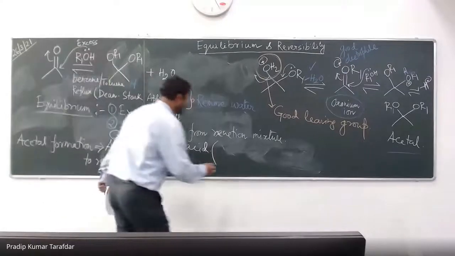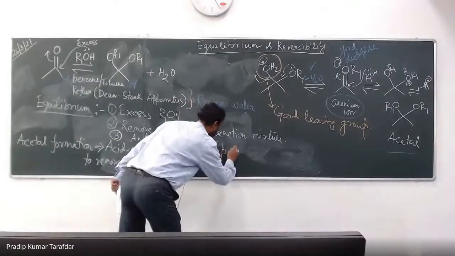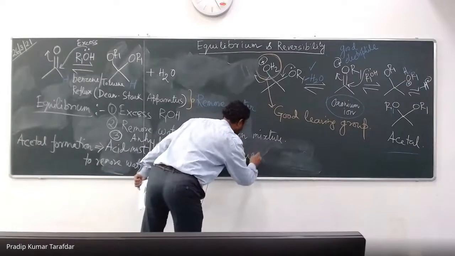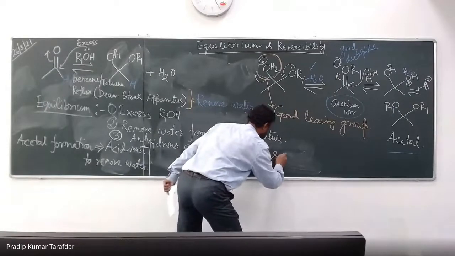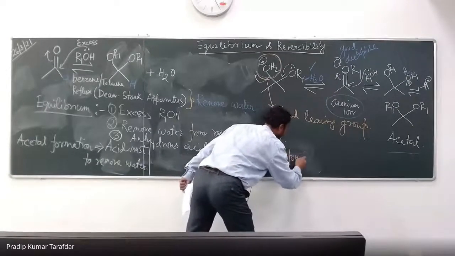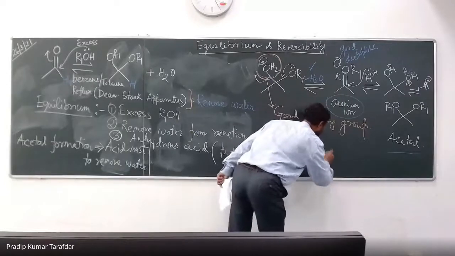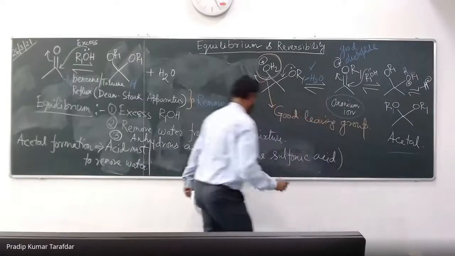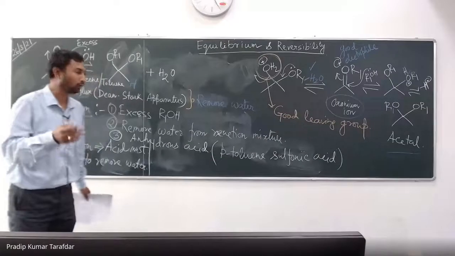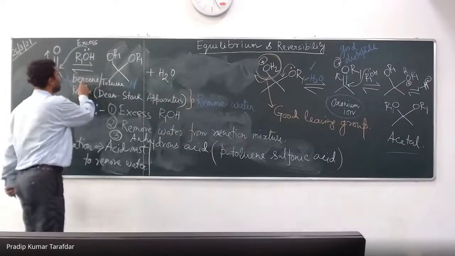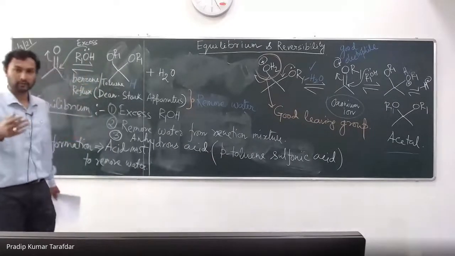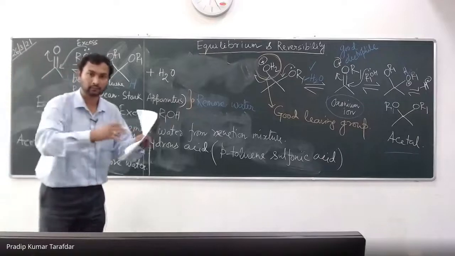For example, you can use para-toluene sulfonic acid. It is as good as sulfuric acid, but it is also soluble in benzene and toluene. That you also need, because all your reactants should be miscible.